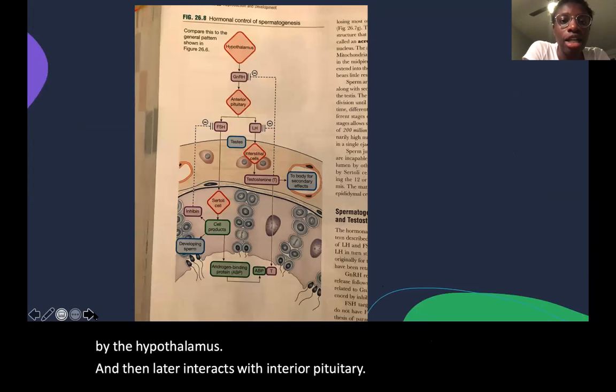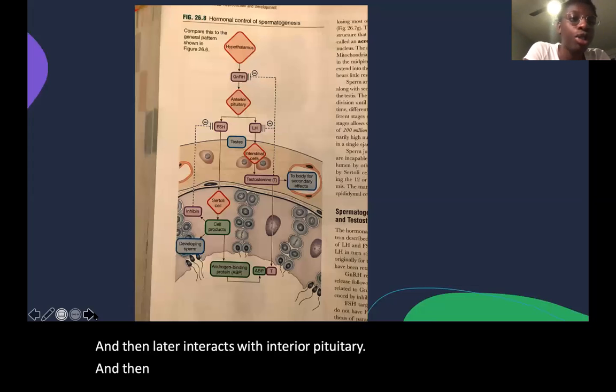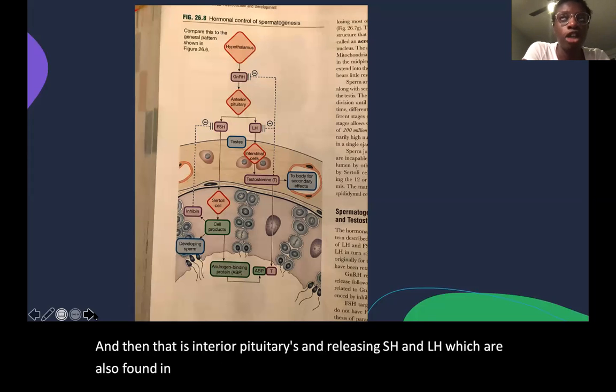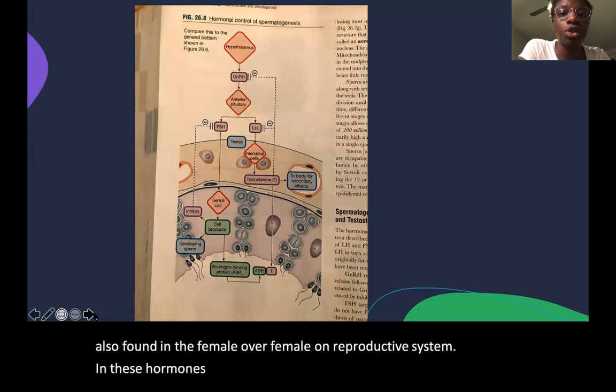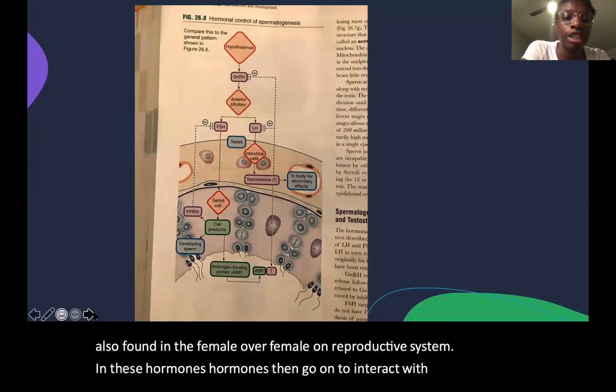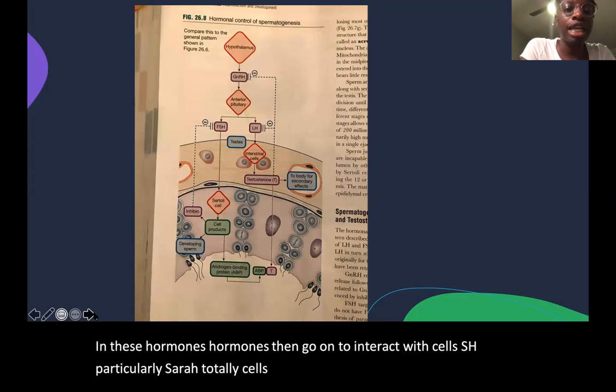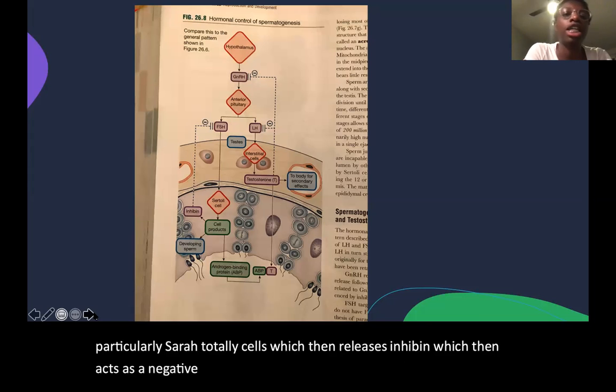The anterior pituitary then releases FSH and LH, which are also found in the female reproductive system. These hormones then interact with cells, the FSH particularly with the Sertoli cells, which then release inhibin, which acts as a negative feedback for FSH.